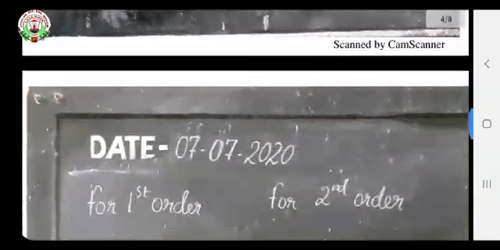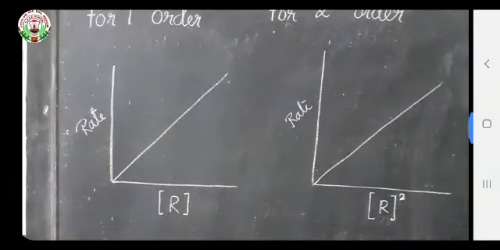For the first order, the rate of reaction is directly proportional to the concentration of the reactant. That's why in the plot, as the concentration increases, rate of reaction also increases, because they are directly proportional to each other.